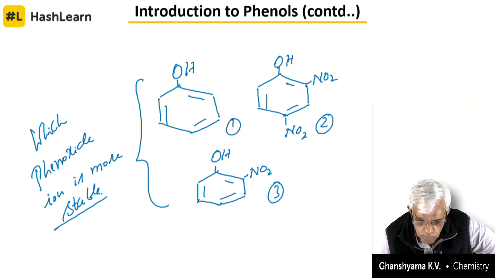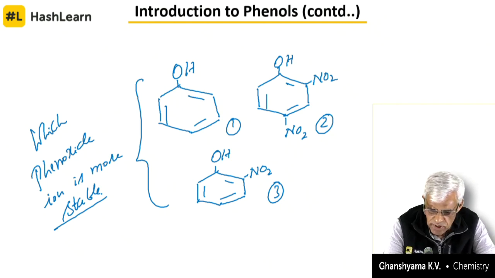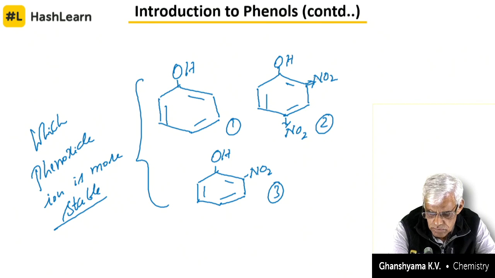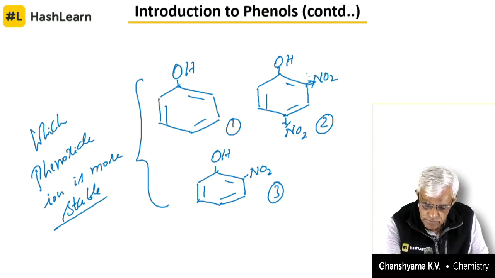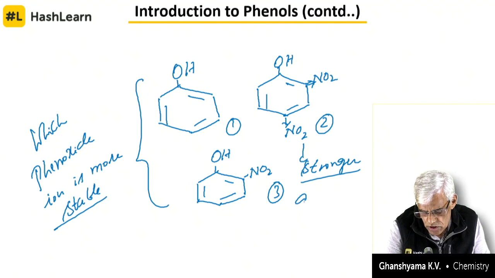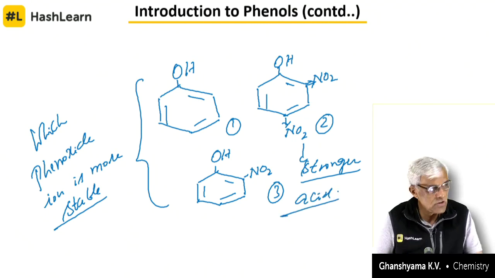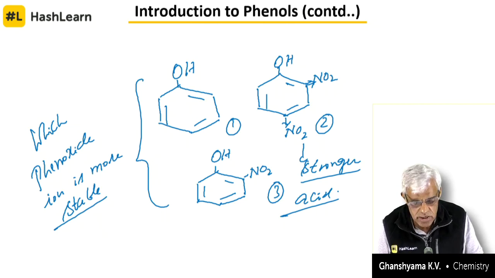Radhika, 2. 2 is the answer, correct, because NO2 group is an electron withdrawing group. There are 2 NO2 groups which are electron withdrawing. Therefore, it is a stronger acid when compared to others. Therefore, phenoxide ion is more stable. Okay, fine. Radhika, your answer is correct.